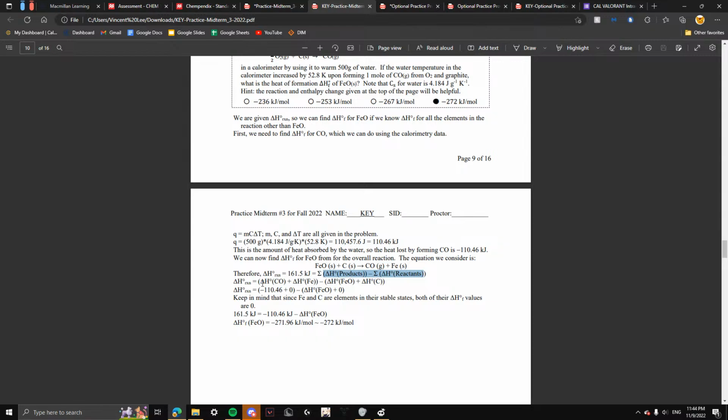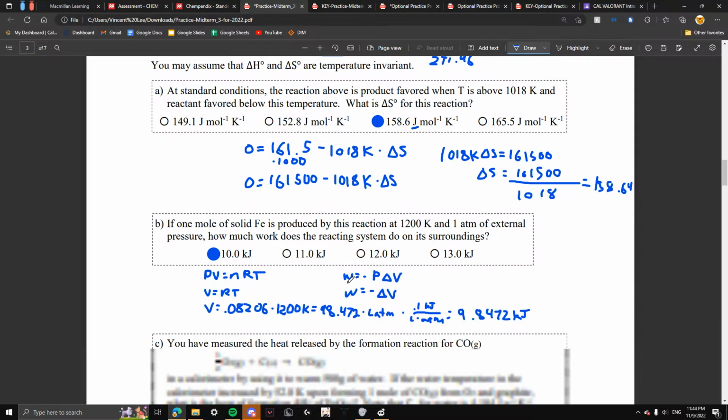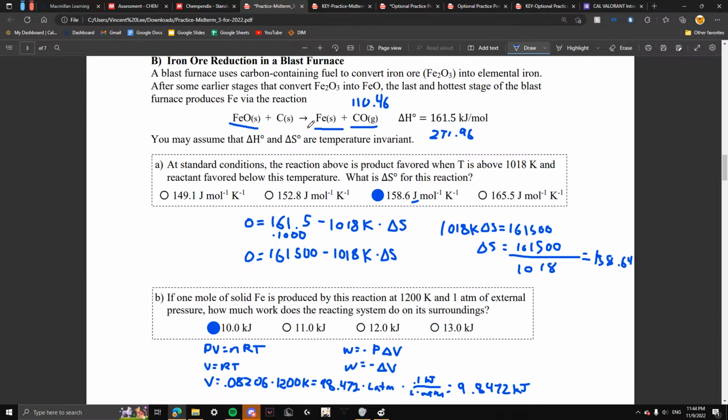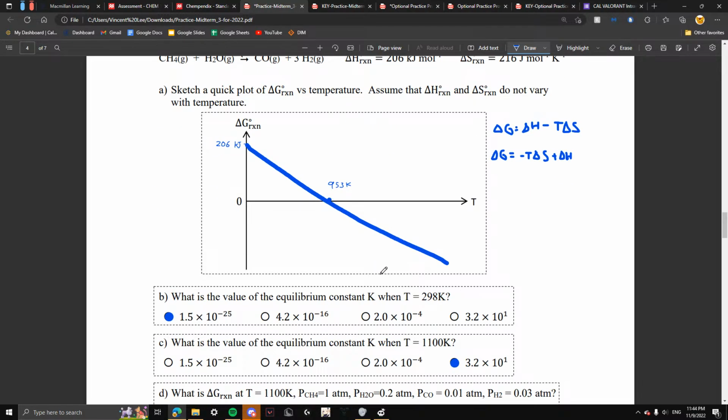The delta H is carbon monoxide, which we just calculated, and then there's the iron oxide there. If you isolate it like this, you end up getting that. So I was right, although a little more flawed because it's asking for iron oxide there, so that's why I guess it's negative. Either way, same number.